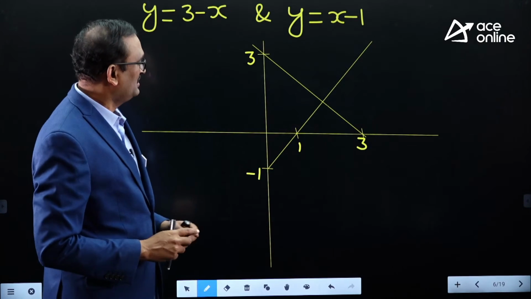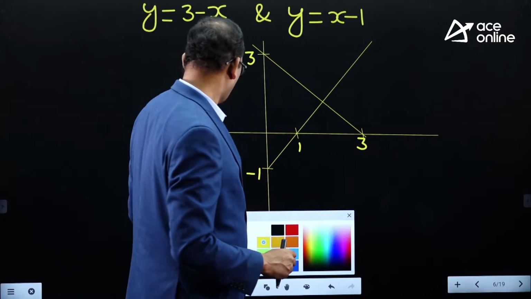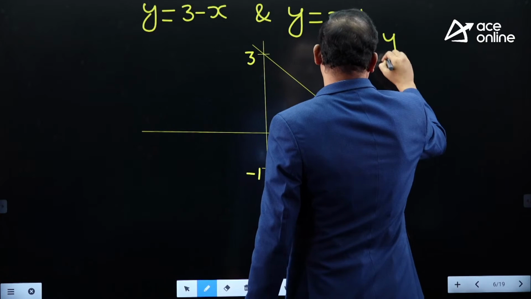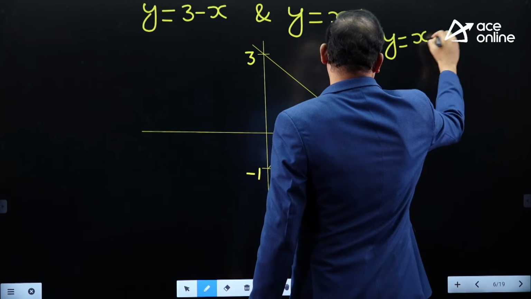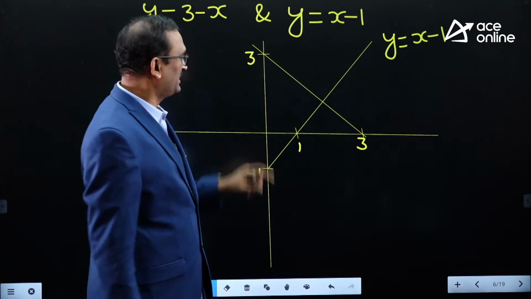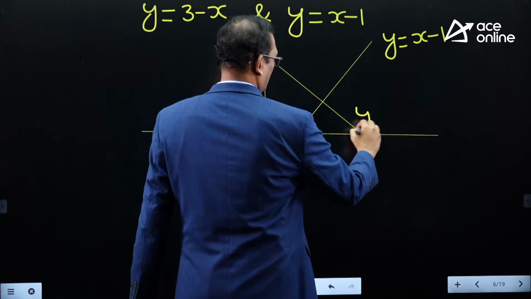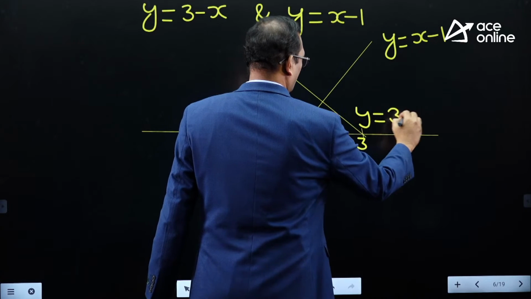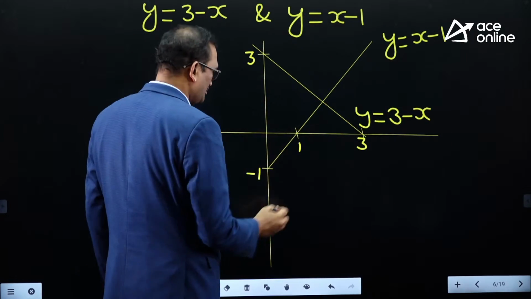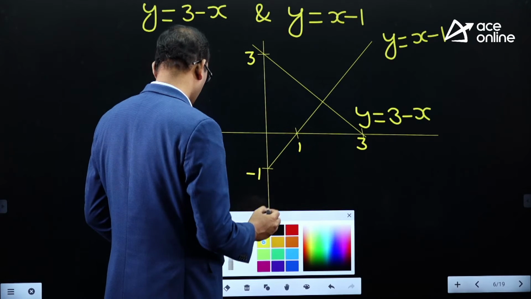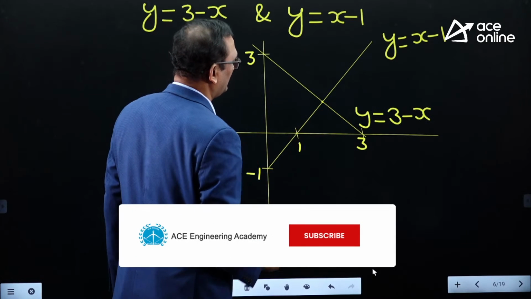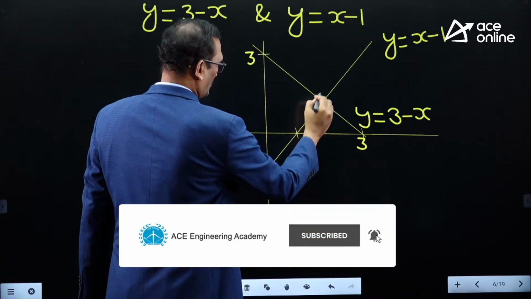Observe the diagram. This is y equal to x minus 1 line. This is y equal to 3 minus x line. Both curves intersect at this particular point.